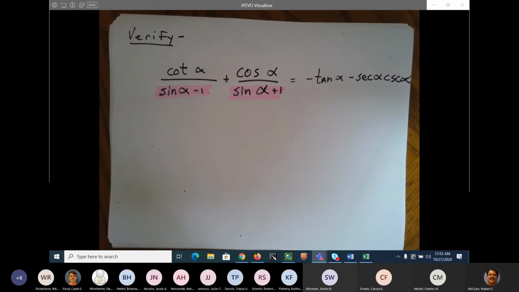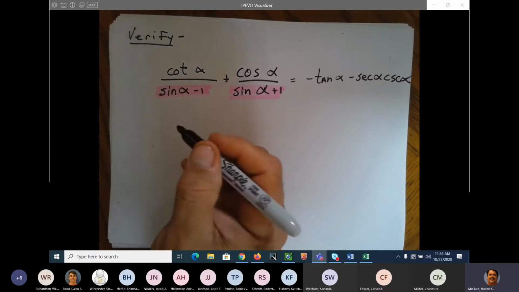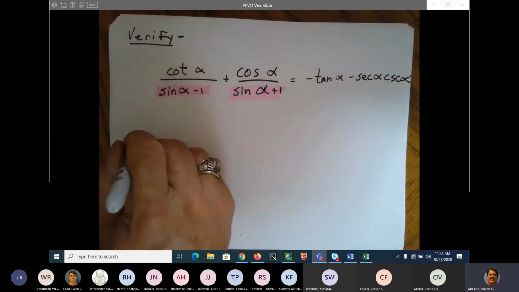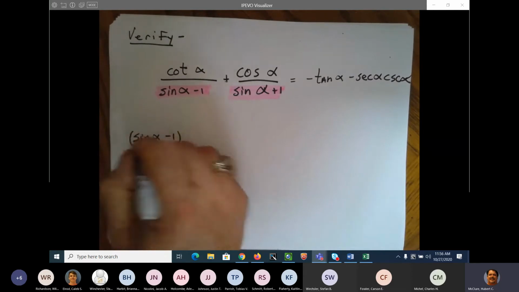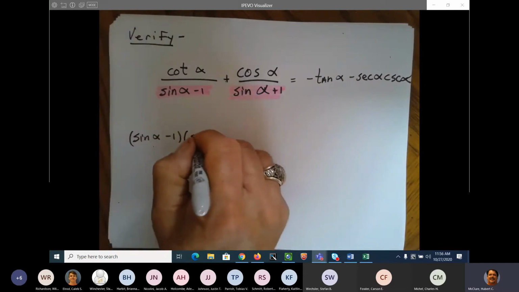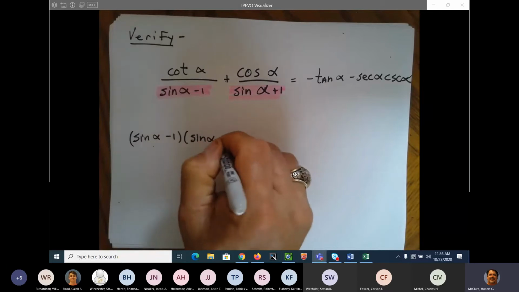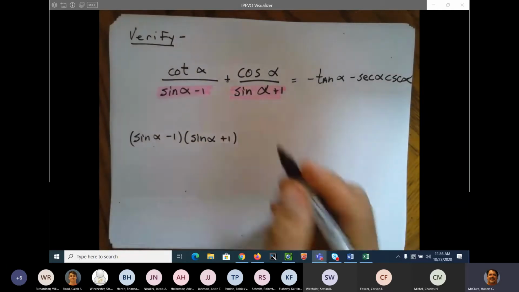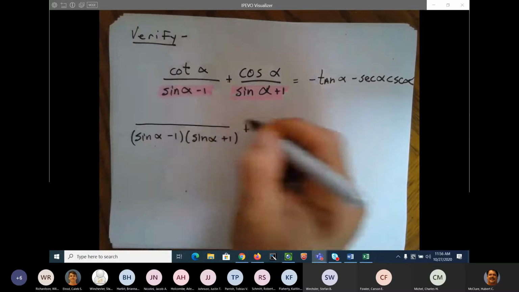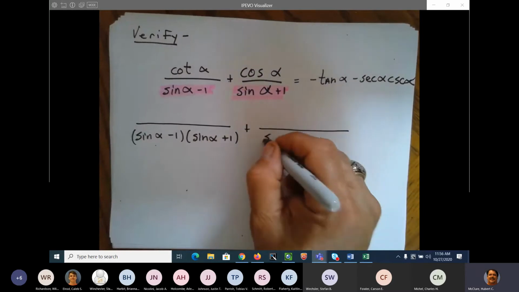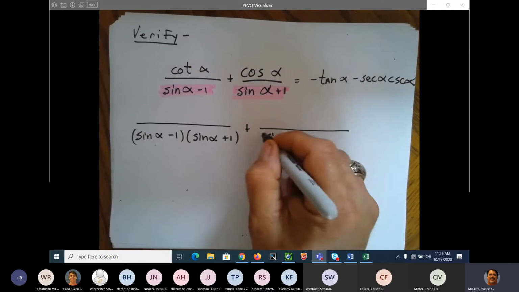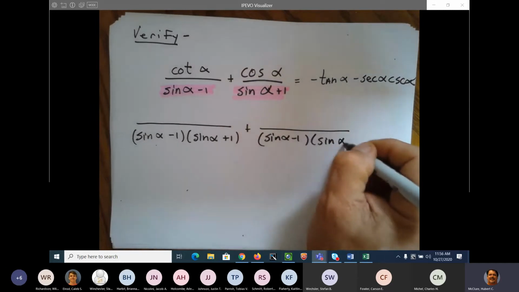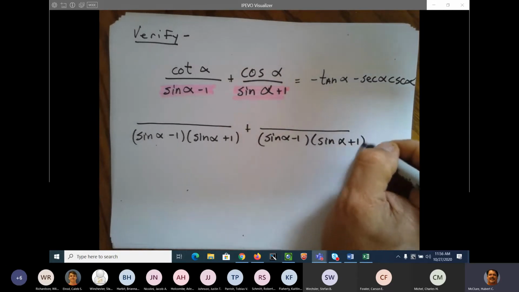So I'm going to get a common denominator of sine alpha minus 1 times sine of alpha plus 1.